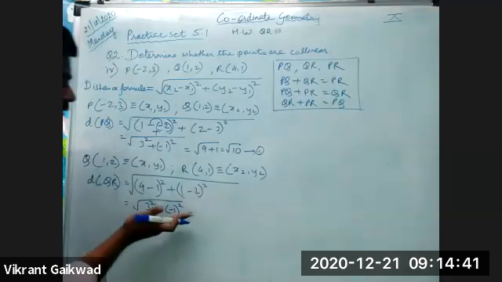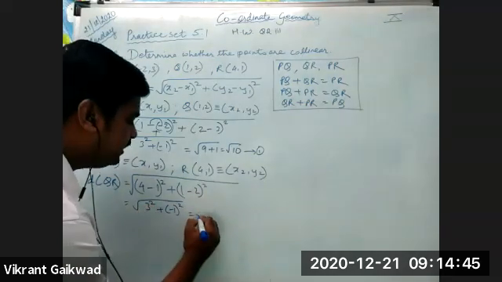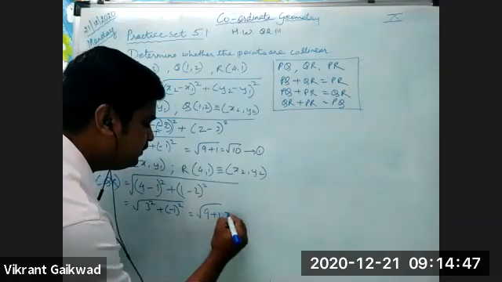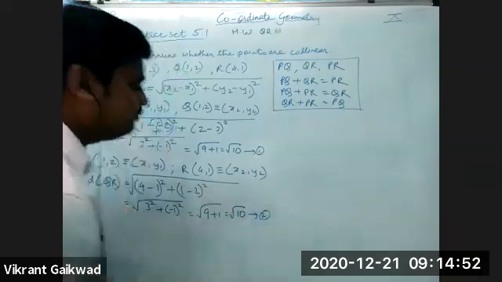Again, the square of a negative number is always positive. So you will get 9 plus 1, that is root 10. This is your statement number 2.